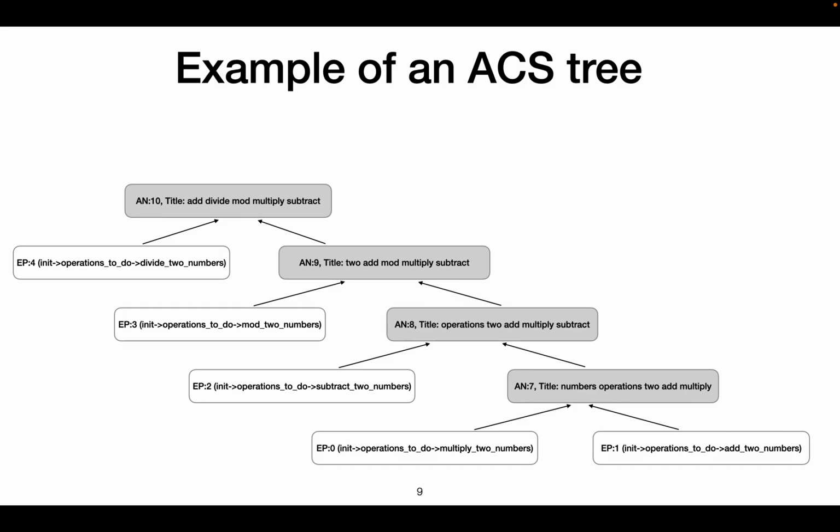If we see EP0 to EP4, these 5 execution paths, all of them are kind of the same, but they are doing different operations, and our node title is saying these operations. So we see it's abstracting these 5 execution paths.